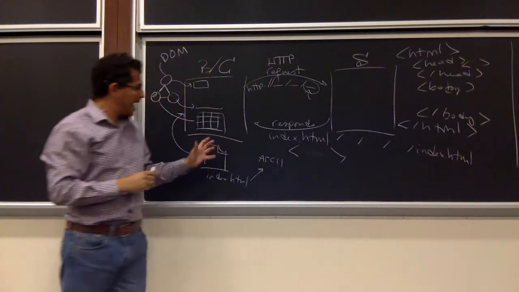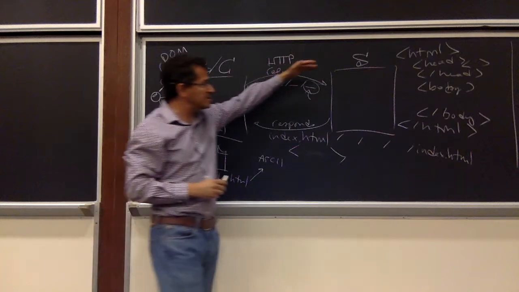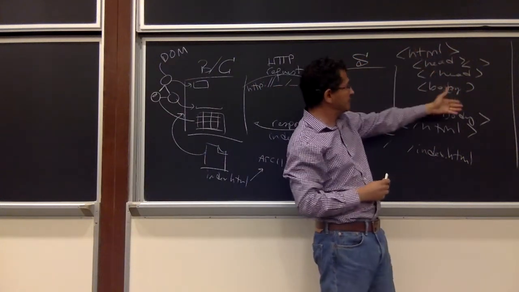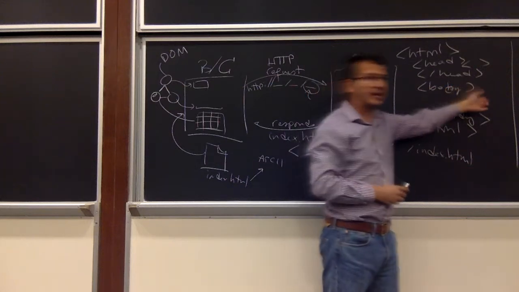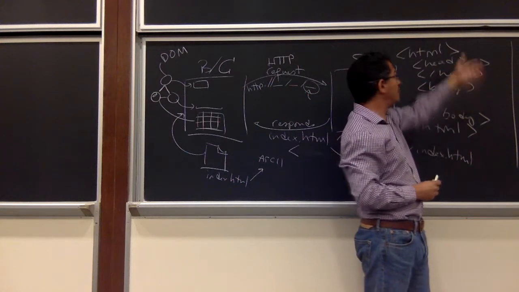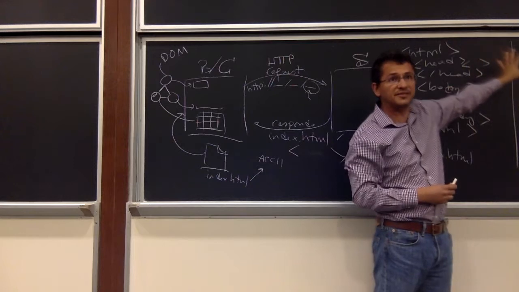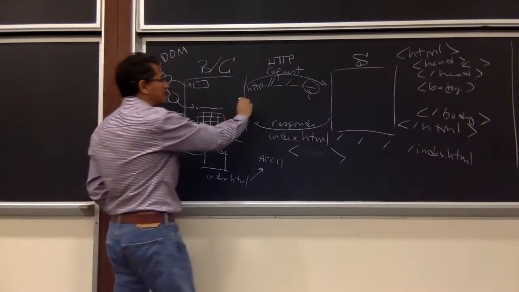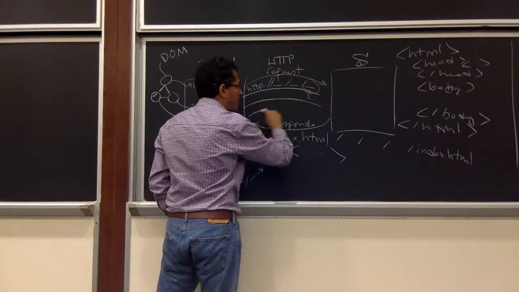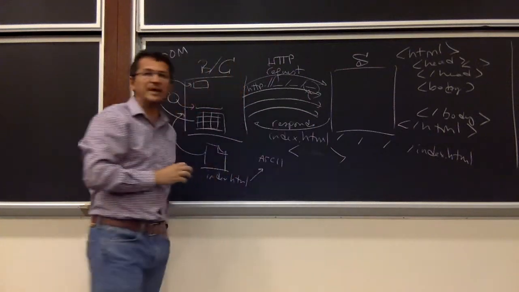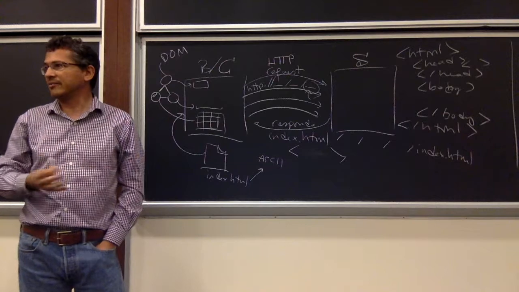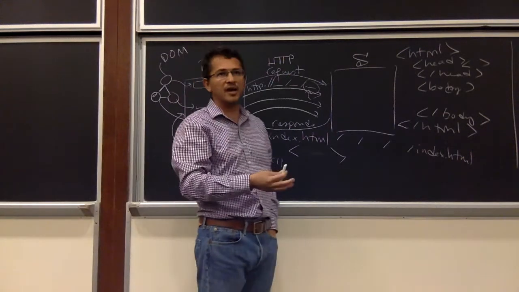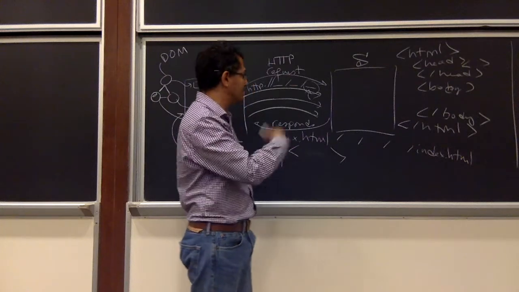So what will happen is that the browser, as it parses and sees that you're referring to an image, or you're referring to a video, or a JavaScript file, or a CSS file, it will generate additional requests, one for each dependency that you're referring to. Any other CSS files, images, videos, it will start downloading them.